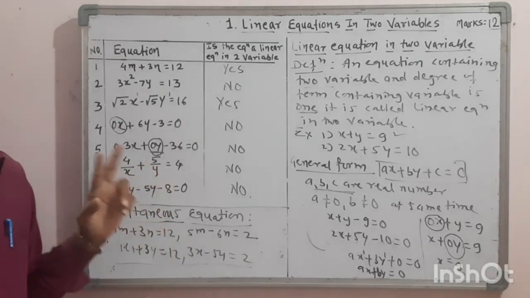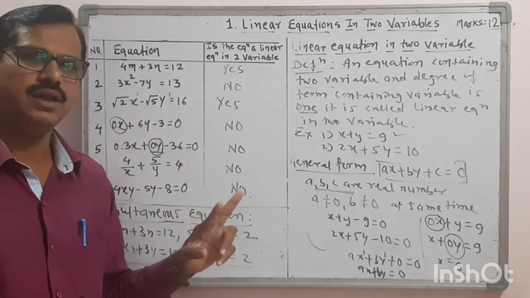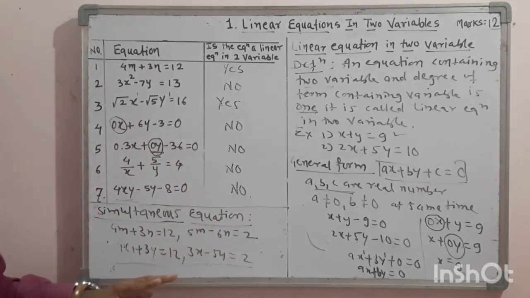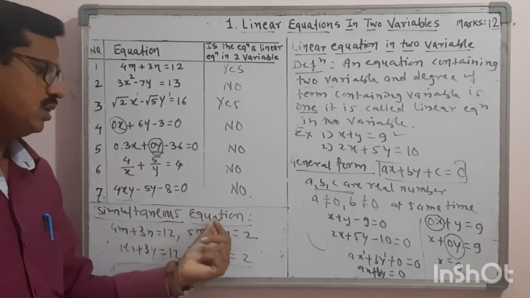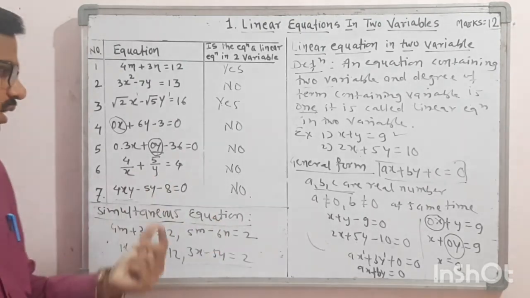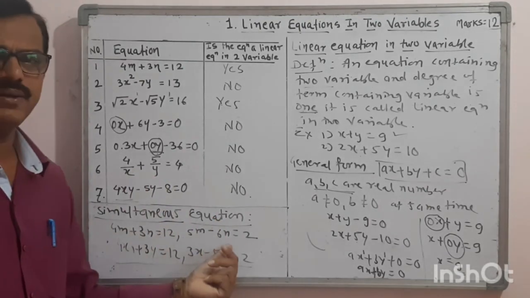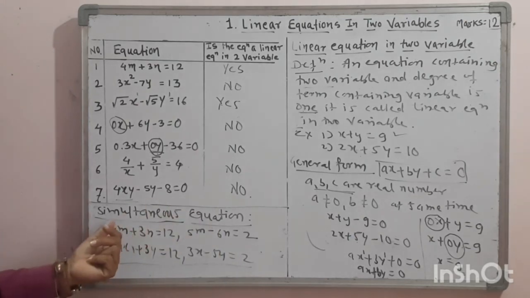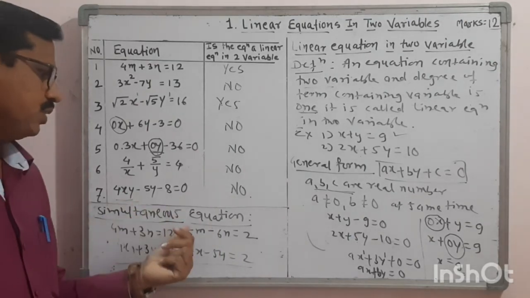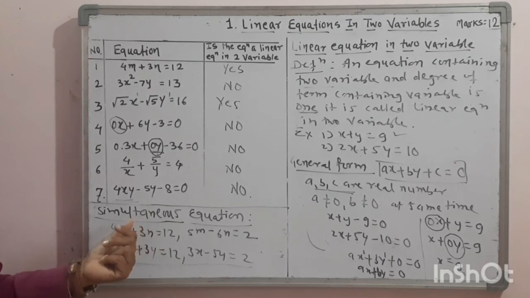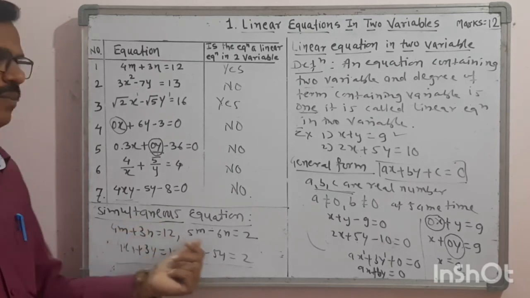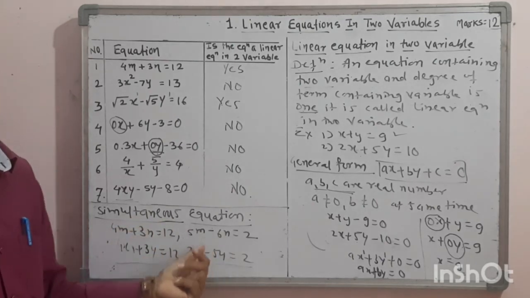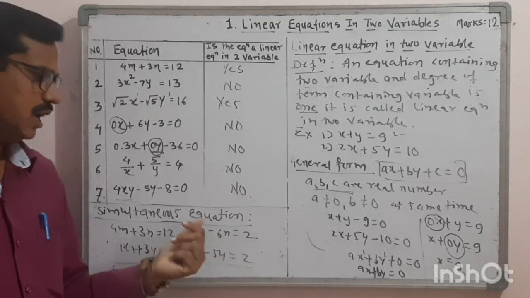If we consider two equations in two variables to solve at the same time, such equations are called simultaneous equations. So the definition of simultaneous equations: we consider two linear equations in two variables at the same time, and such equations are called simultaneous equations.